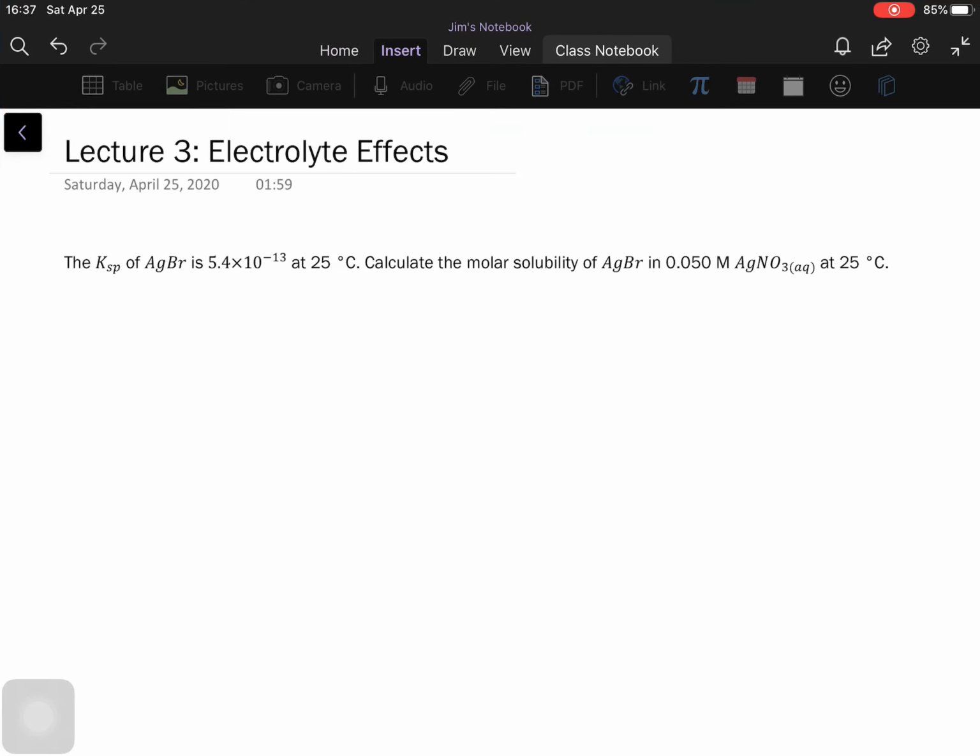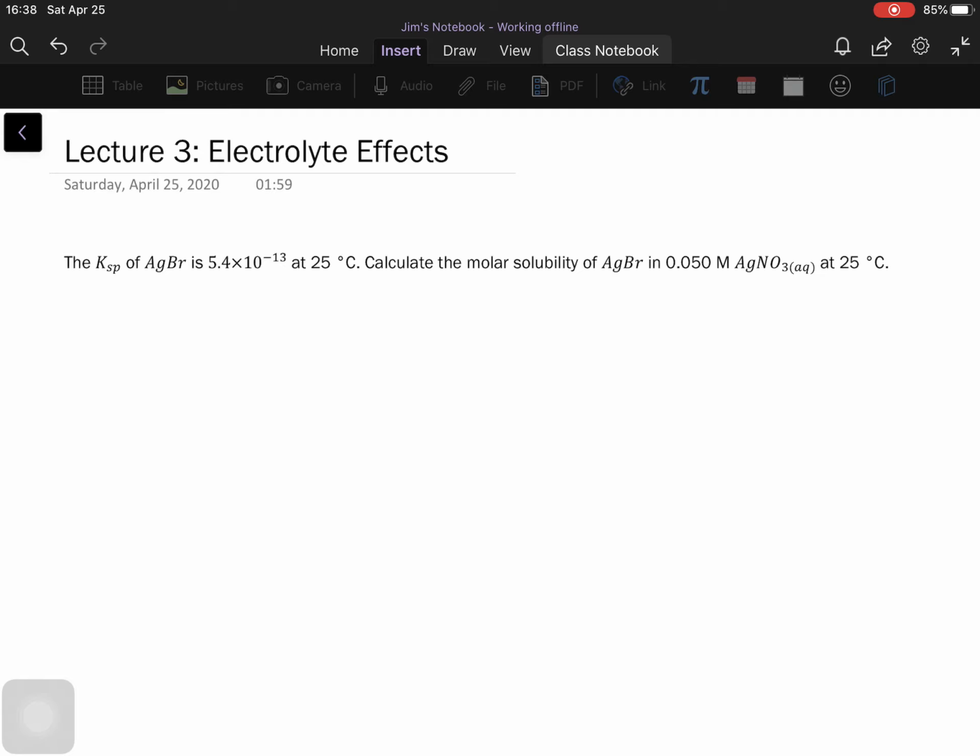Okay, so let's have this problem. The KSP for AgBr, silver bromide, is 5.4 times 10 raised to negative 13 at 25 degrees Celsius. We have to calculate the molar solubility of AgBr in 0.05 molar silver nitrate solution at 25 degrees Celsius.